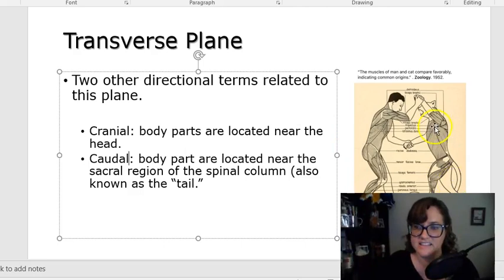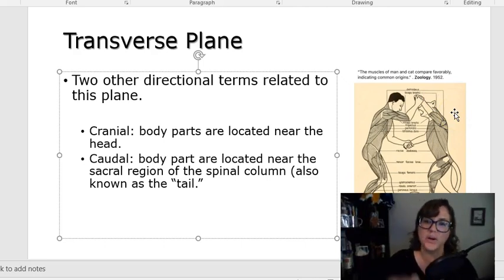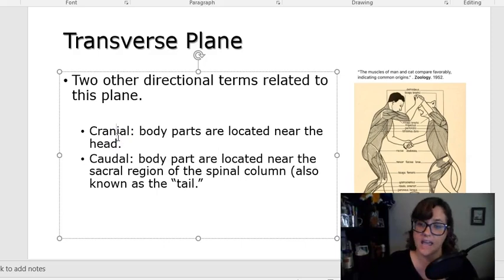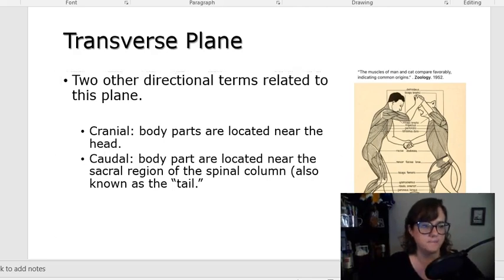Okay, so the cat has the cranium and then the caudal section. But it's weird to think about because the cat has to be in human anatomical positioning as well in order to get those same terminology. But we don't see that in cats. They are on all fours. So in that case, we're using a different plane. We'll talk about it later. Anyway, if you ever see cranial, that means towards the head, while caudal means down your spinal cord. So it's kind of another way to talk about inferior.